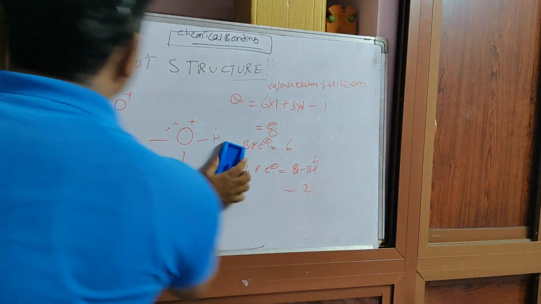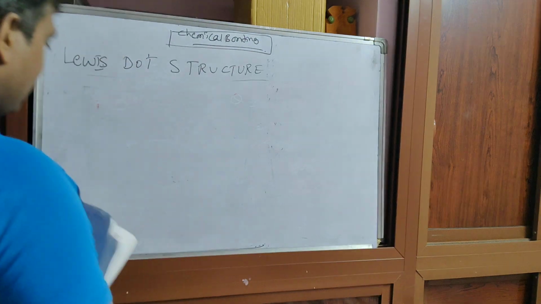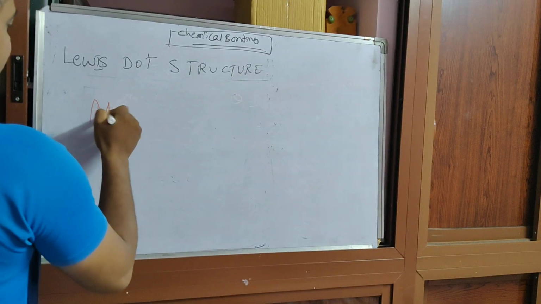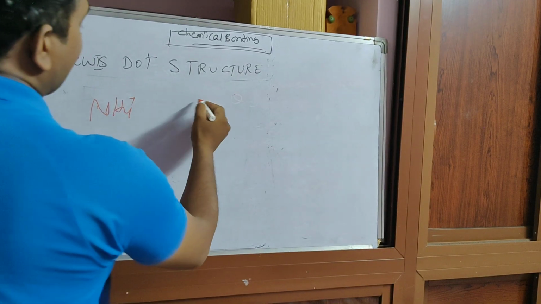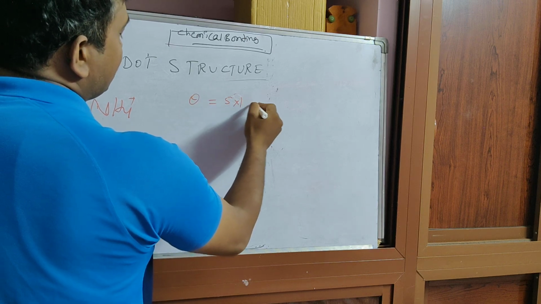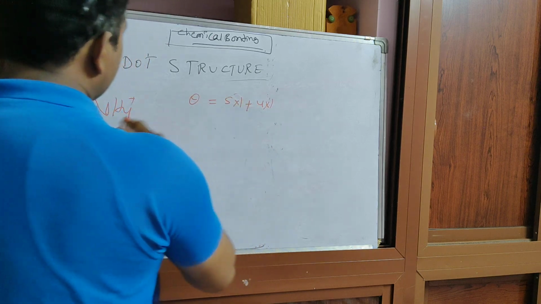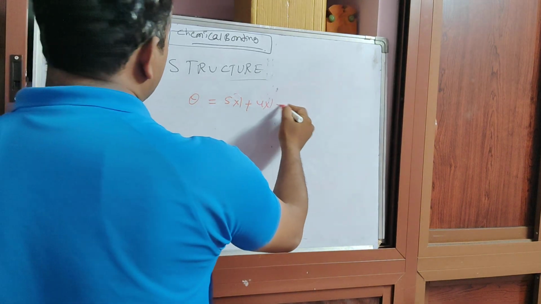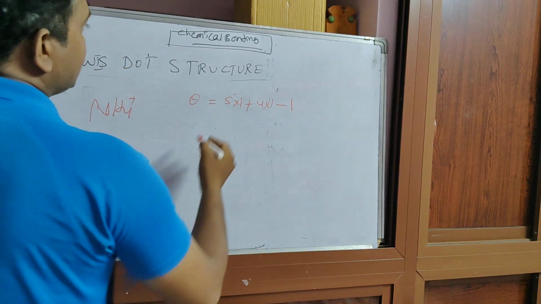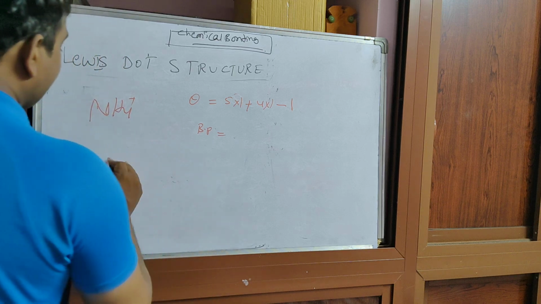If you want to take one more Lewis dot structure, ammonium plus. Nitrogen's valence electrons is 5. 5 into 1 plus 4 into 1, 4 hydrogens whose valence electrons is 1. Positive charge is minus 1. Bond pair electrons is equal to how many bonds are there?